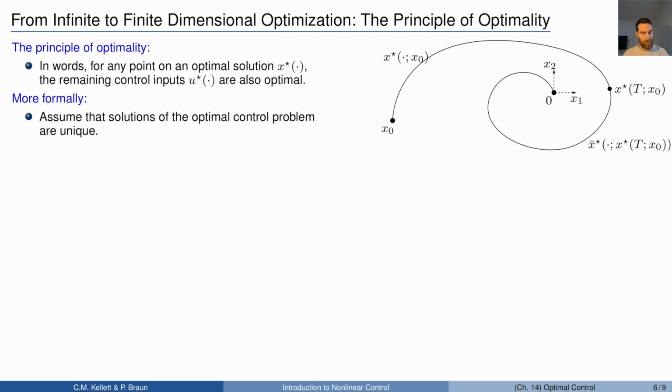So let's make that more precise using rigorous arguments. Assume that solutions of the optimal control problem we are looking at are unique.